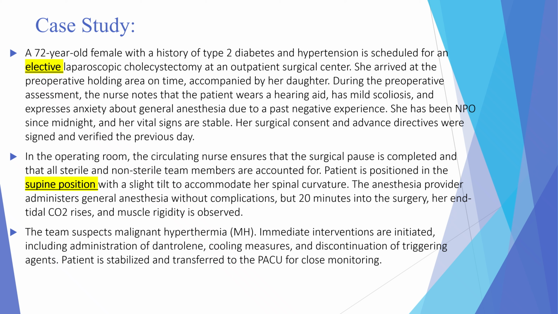In the operating room, the circulating nurse ensures that the surgical pause is completed and that all sterile and non-sterile team members are accounted for. Patient is positioned in the supine position with a slight tilt to accommodate her spinal curvature. Okay, so it has also spinal curvature.